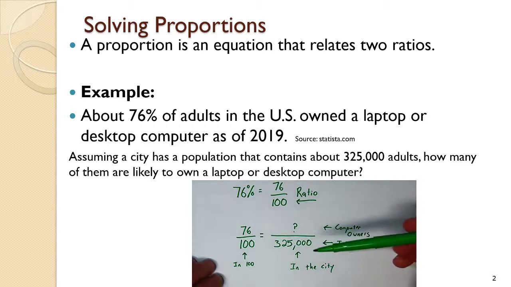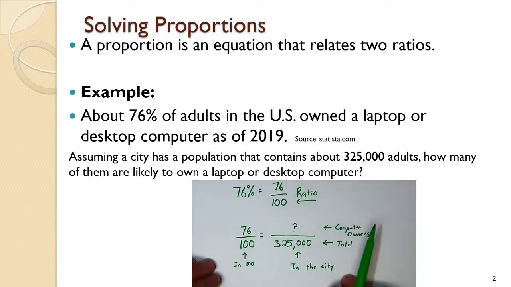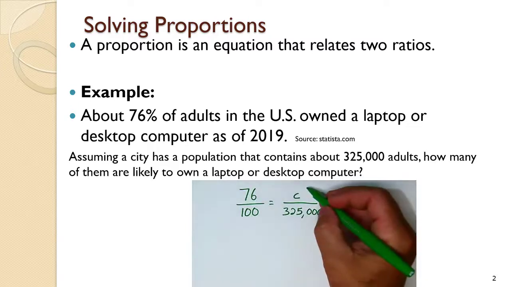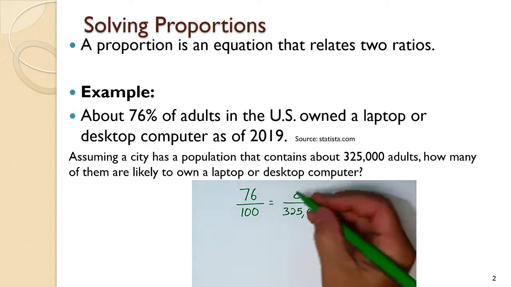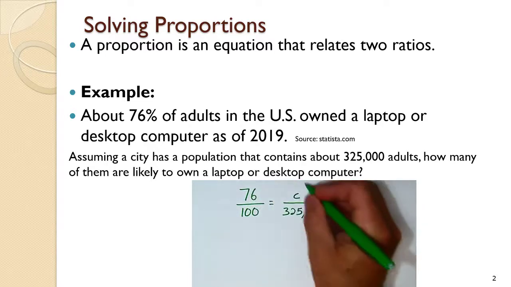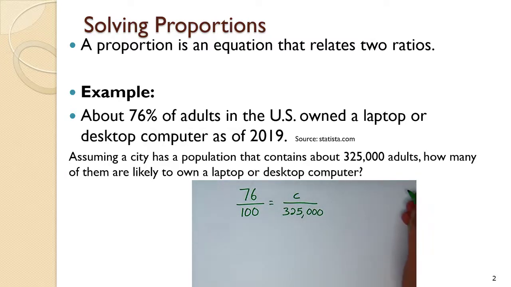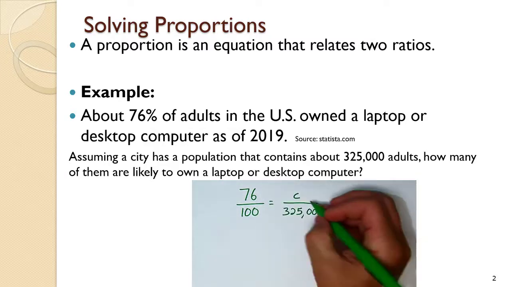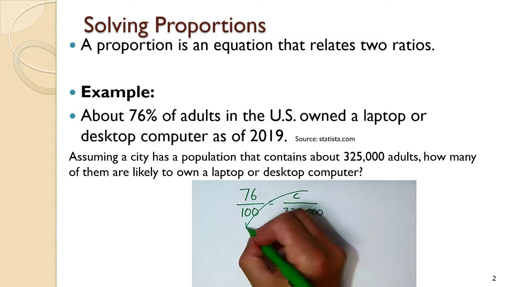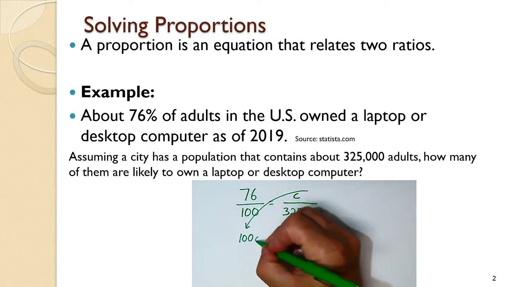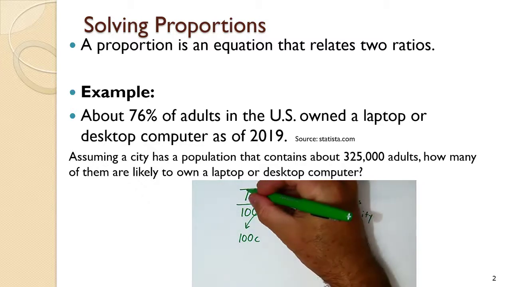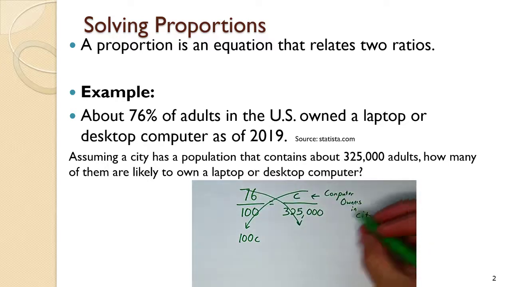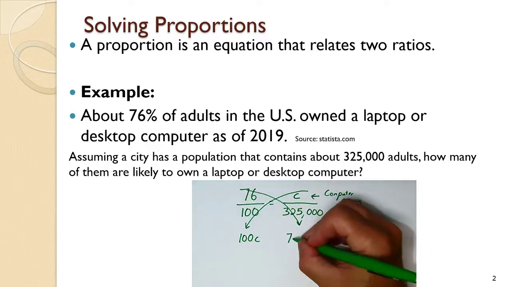Now we can solve those without any trouble at all. One fact about proportions that you may remember, folks tend to remember this from math you've had before, is that our cross products or our diagonal products have to be equal if these two ratios are equal. So when we multiply in this direction, we have 100C, where I'm letting C be the number of computer owners in our city, and the product in the other direction is going to be 76 times 325,000.